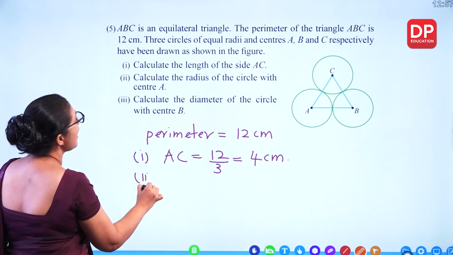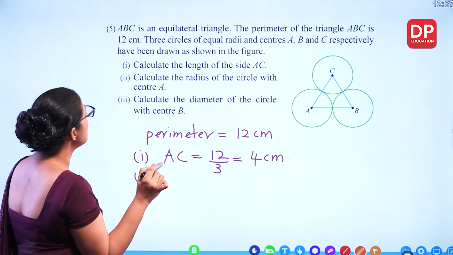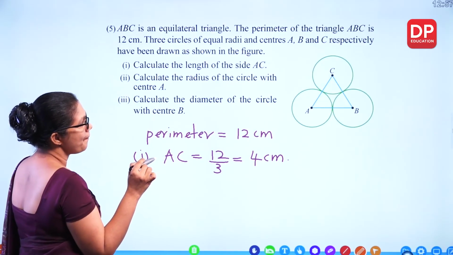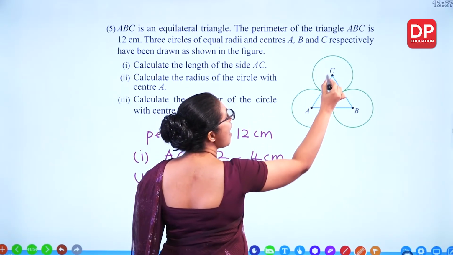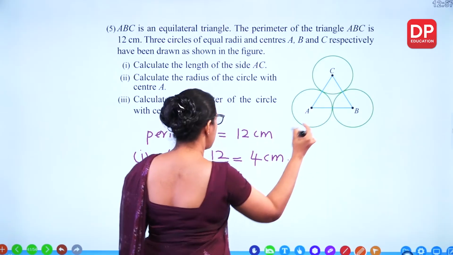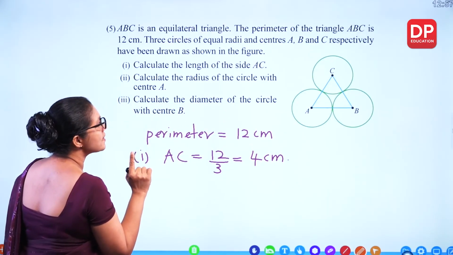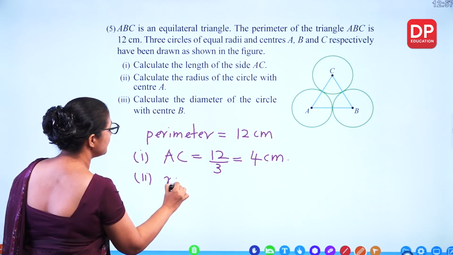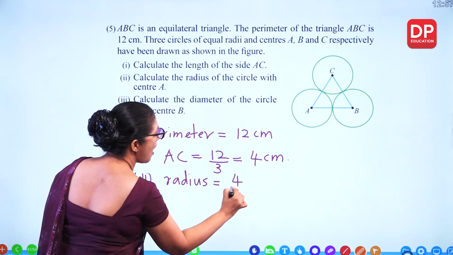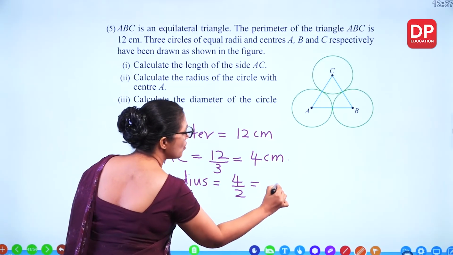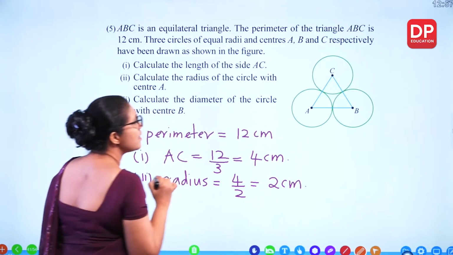Second part, calculate the radius of the circle with center A. Can you see, when you draw the circle, this is half of that. AC we found 4. So the radius is half of that. Divide by 2. That's 2 centimeters.